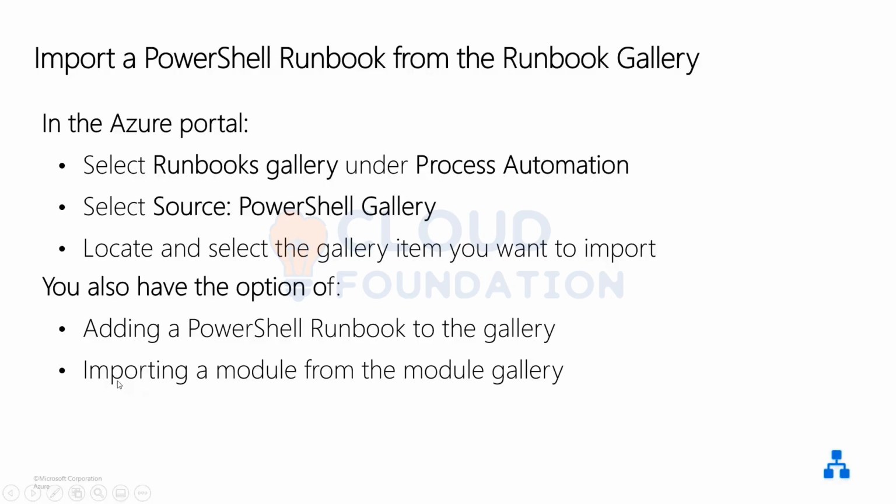If you don't see the existing option, you can import a module from the module gallery. The same way you import a PowerShell module yourself, you can import a module over here. I will not be able to say only PowerShell, because now Microsoft is supporting execution of Python scripts over here. You can download the Python libraries relevant to the resource which you want to automate and work with it.